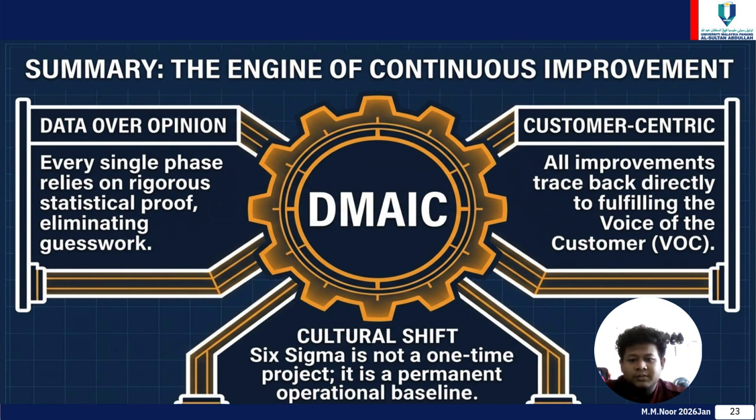Second, customer centric. Every engineering modification tracks directly back to fulfilling the verified voice of the customer. And the third, cultural shift. Six Sigma is never treated as a temporary one-off project. It serves as a permanent, evolving operational baseline for excellence.